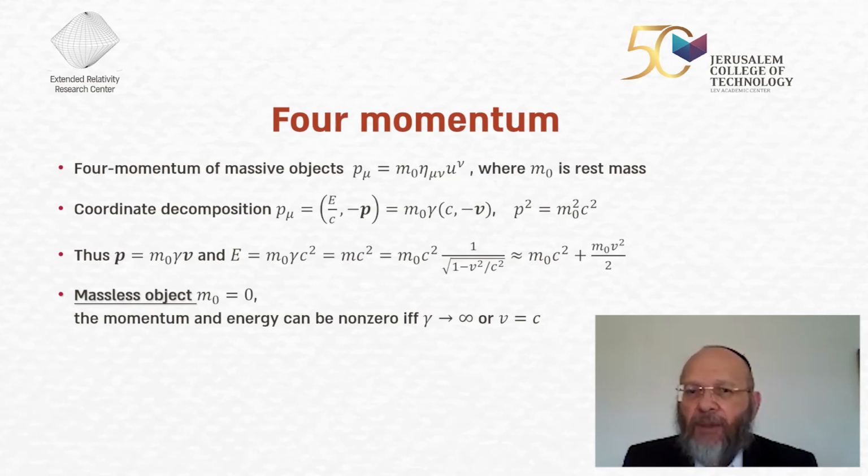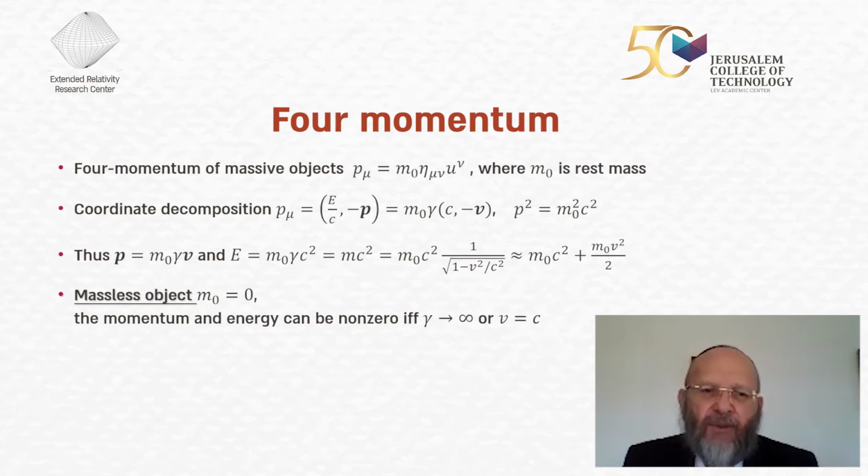So how can it happen? The momentum is written down here. And how can the momentum be not 0 when m0 is 0? We can remember probably from calculus, the only way to get from 0 something non-zero is to multiply by infinity.